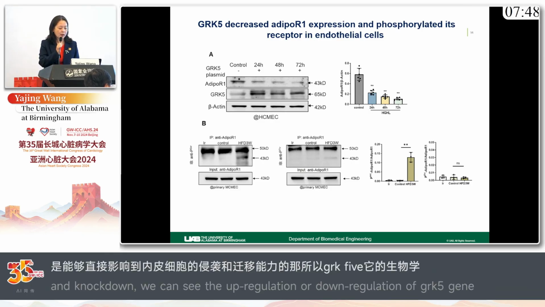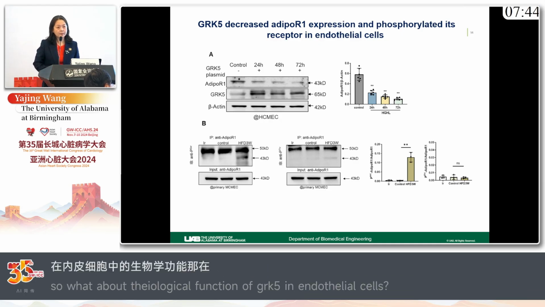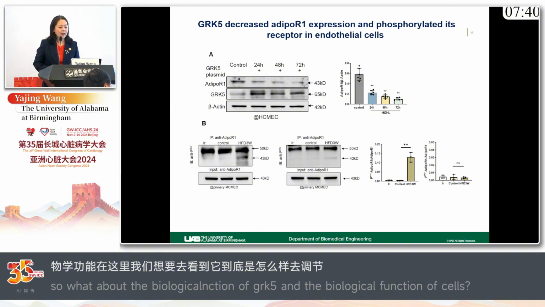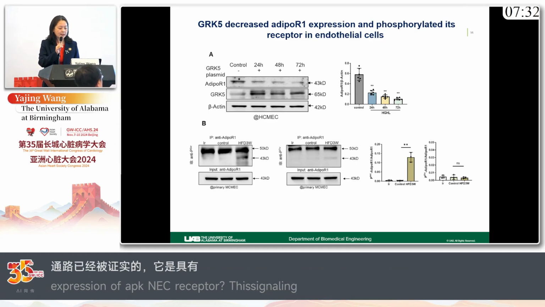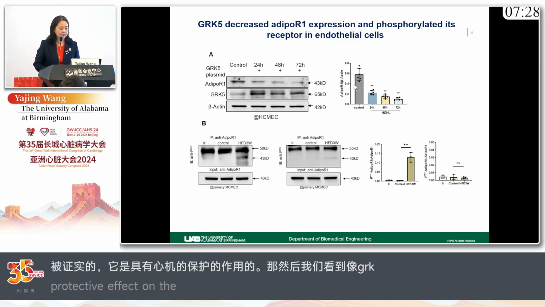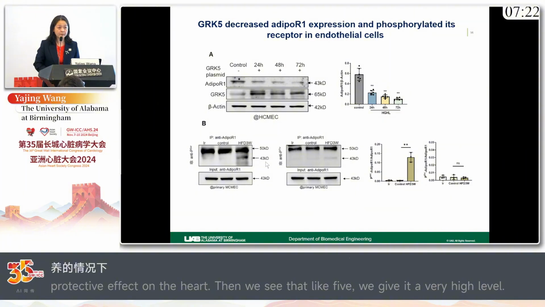And then we're trying to see how it would regulate the adiponectin signalings, because adiponectin protects the heart, but GRK5 overexpressed will be bad. We can see that when we give the high glucose, high lipid models, GRK5 can increase adiponectin receptor phosphorylation.